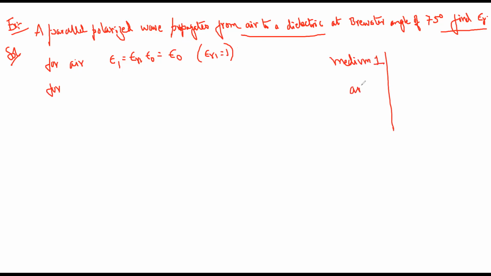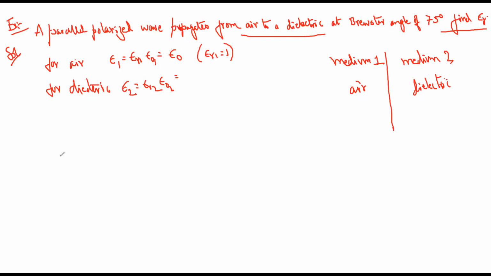medium 1 is air and medium 2 is the dielectric. In air, epsilon r is always equal to 1, and in the dielectric, medium 2, epsilon r2 and epsilon naught 2 also depend on epsilon r2.